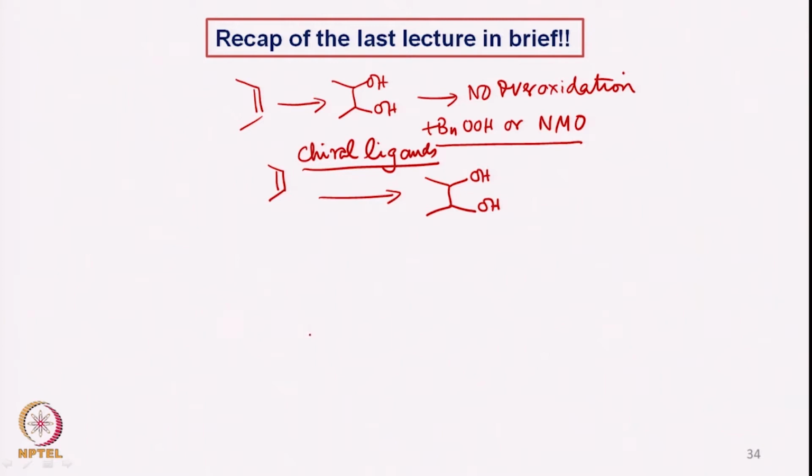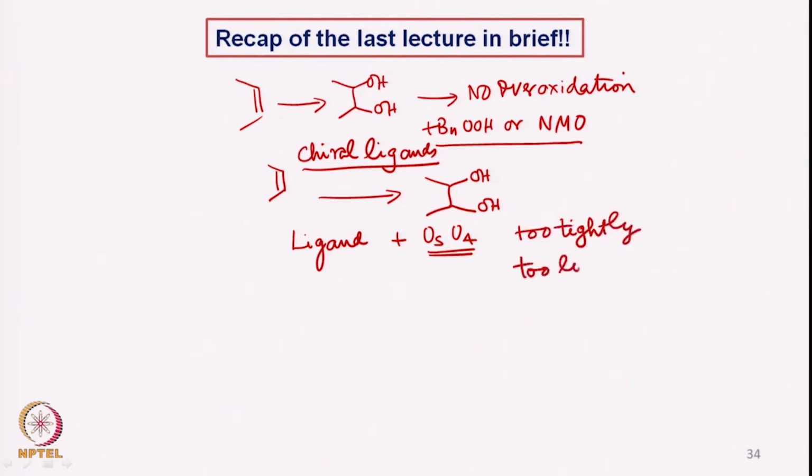So, then it was found that the complex between the ligand, which is a chiral ligand, and the osmium tetroxide, OsO4, should not be too tight. It should not be too tightly bound, neither should it be too loose.